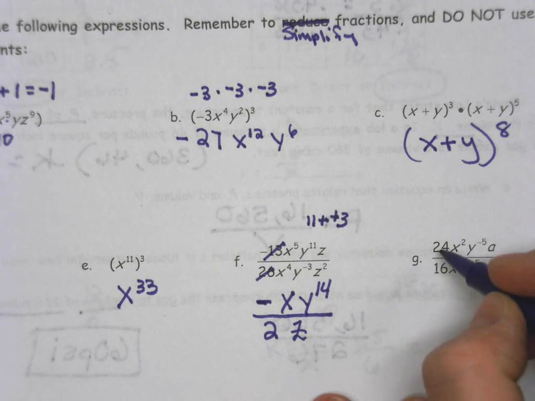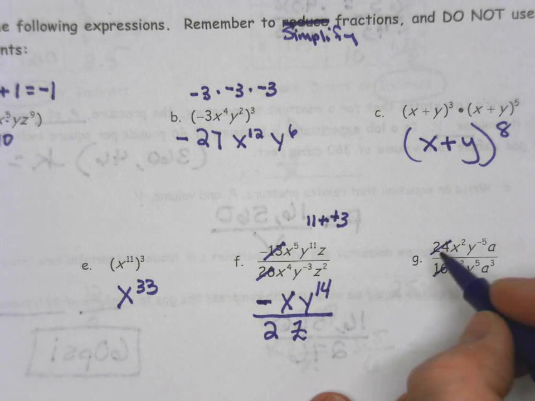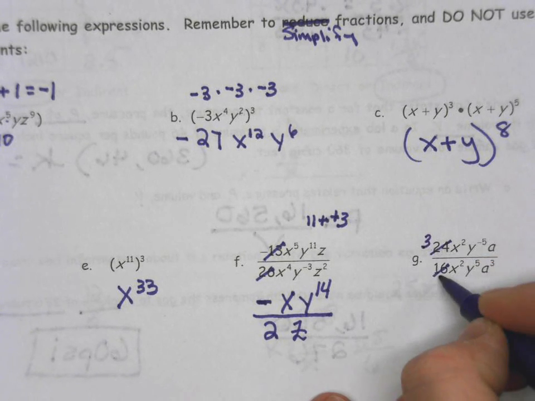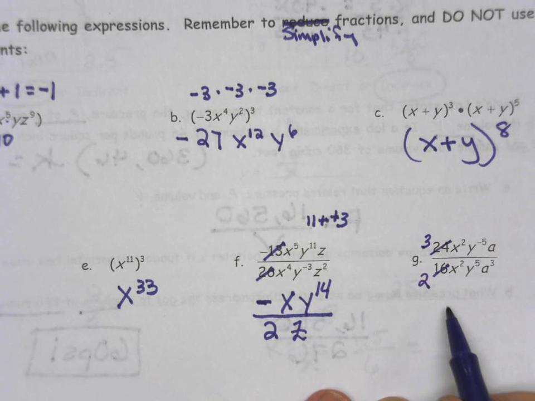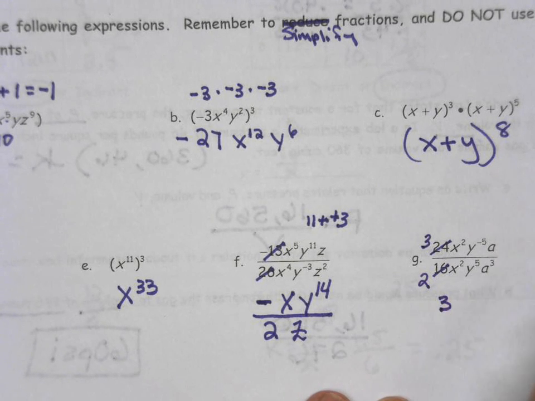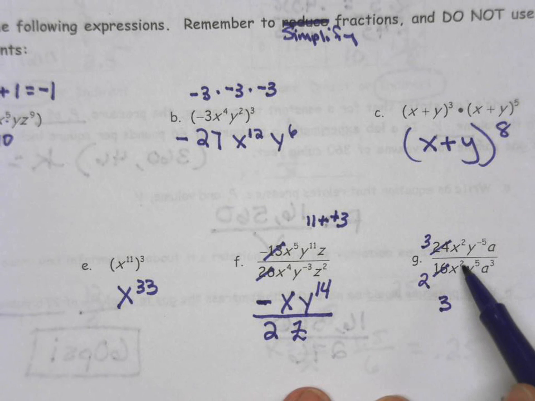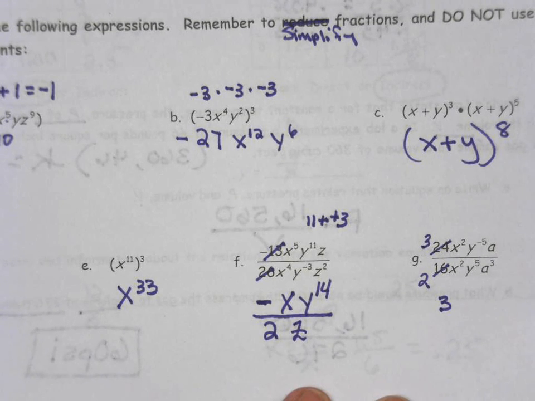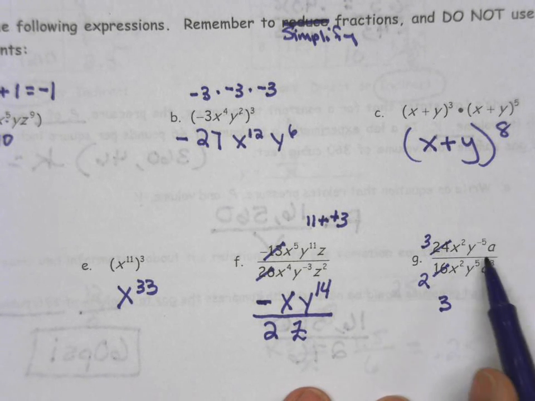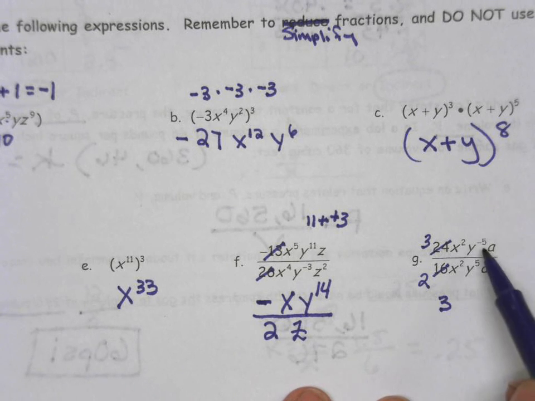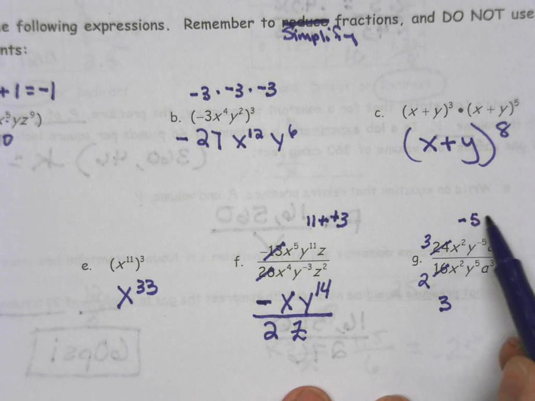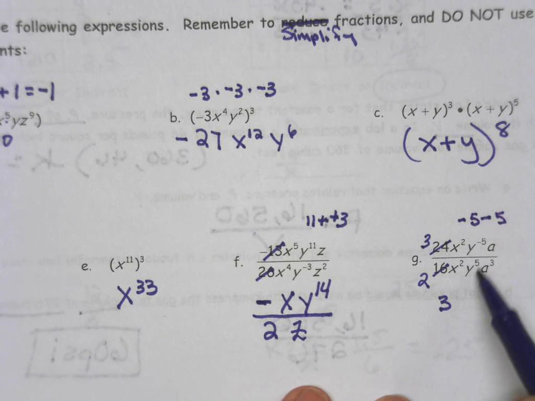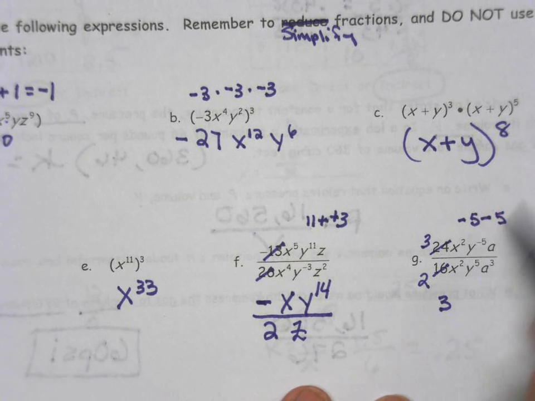Okay, this next one, again, I would simplify this, and both of those are divisible by 8. 8 goes into 24 3 times, 8 goes into 16 2 times, so that means I have 3 on the top. And then I have the same number of x's on the bottom, so that means that those are canceling out, so it would give me 1. So I don't put any x's down. Then I have a -5 minus 5, because when you're dividing you subtract the exponent.